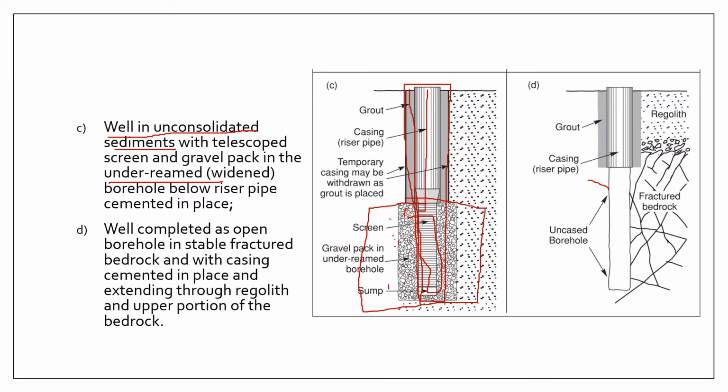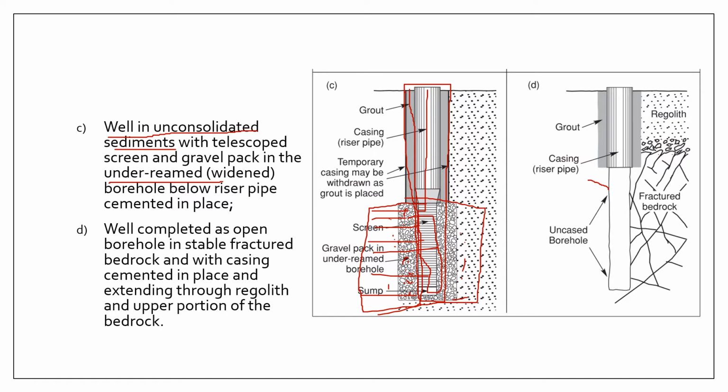Under-reaming serves to provide space for your gravel pack, or the granular materials that are placed surrounding your screen to provide additional structural stability of the aquifer formation as well as provide filtration.